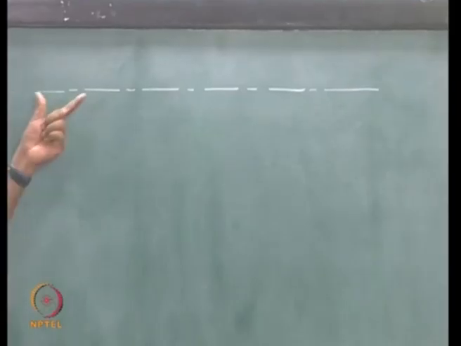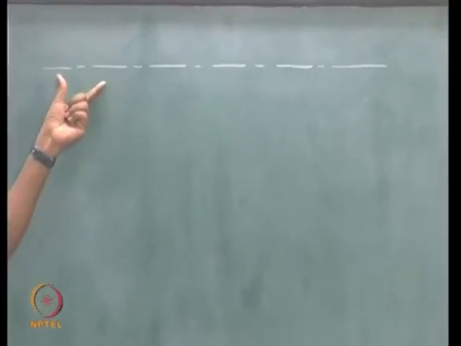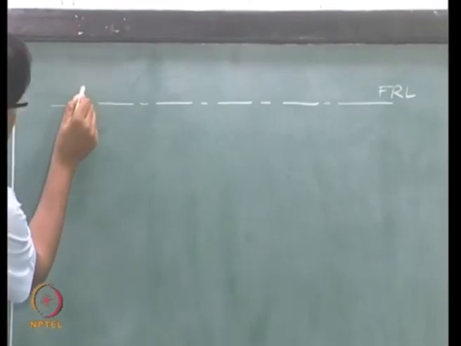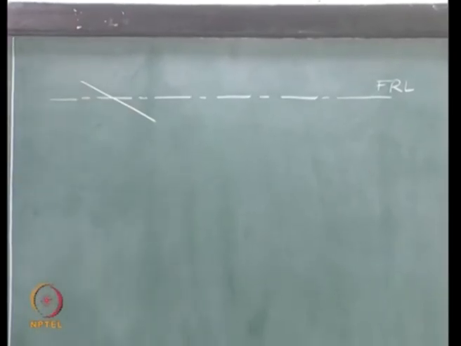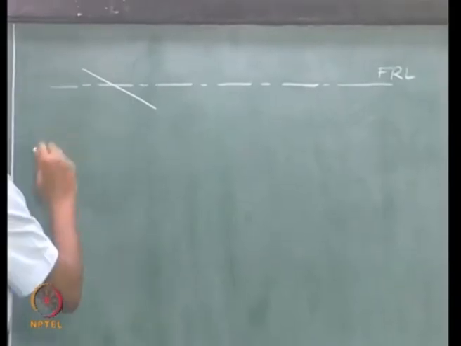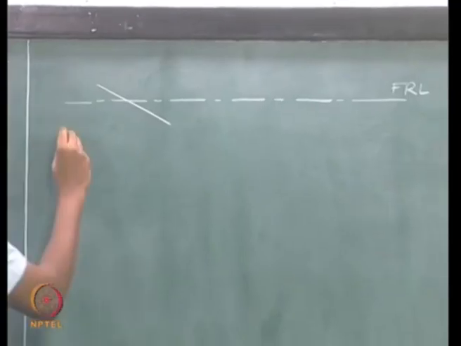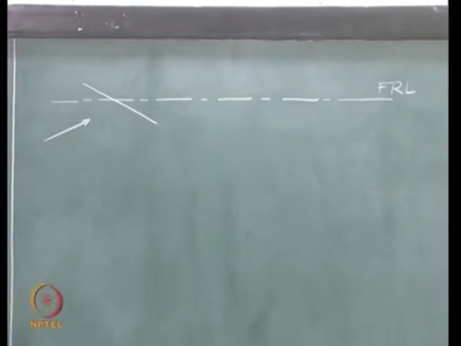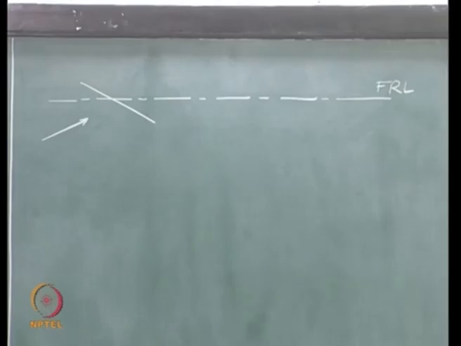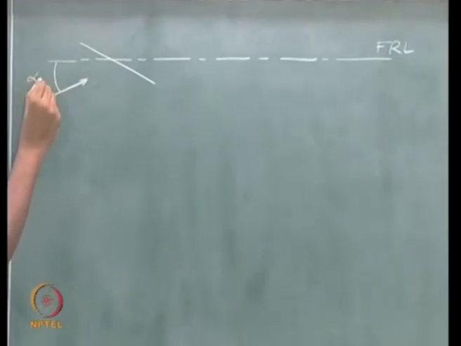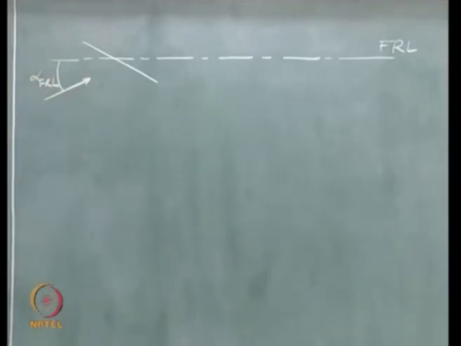Right. So let's say this is our fuselage reference line. The wing is located here, and relative wind is coming onto the aircraft at an angle of attack which is measured with respect to the fuselage reference line, and therefore it's called alpha FRL.